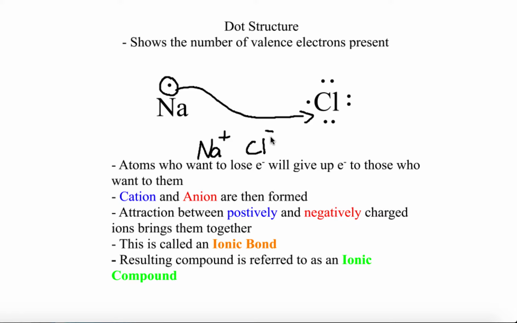An ionic bond is essentially that attraction between the cation and anion. The newly resulting compound from this bond is called an ionic compound. So by giving up the valence electron and gaining 1, you form these ions. These ions, by their electrostatic attraction, get pulled towards each other, creating what's called an ionic bond, and that results in an ionic compound being formed.